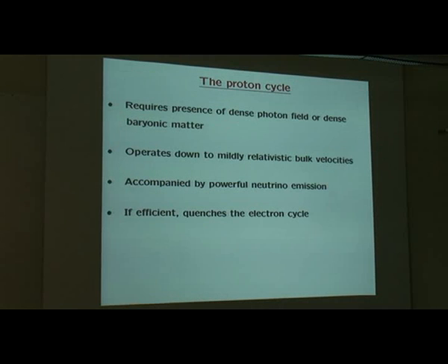Well, for this cycle, the proton cycle, it requires the presence of a dense photon field or dense baryonic matter. It's an essential requirement. But if you consider the speed limit of the shock for the process to start, it's not that high, because if you lose half of the energy in each cycle, basically you need to increase your energy 2 times at the shock, so you need a Lorentz factor squared of about 4.